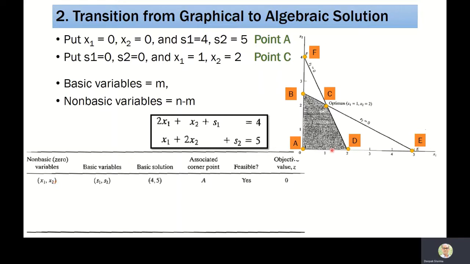Now, if we take point A, we know that x1 and x2 are 0.